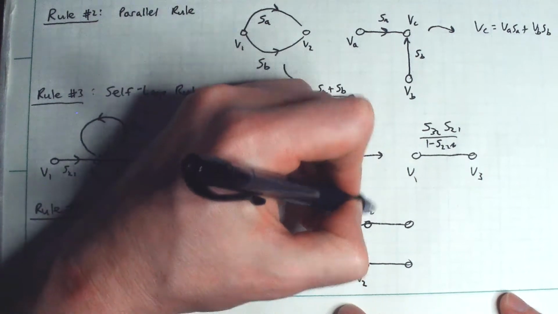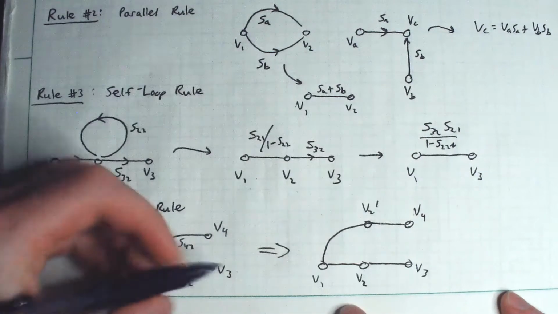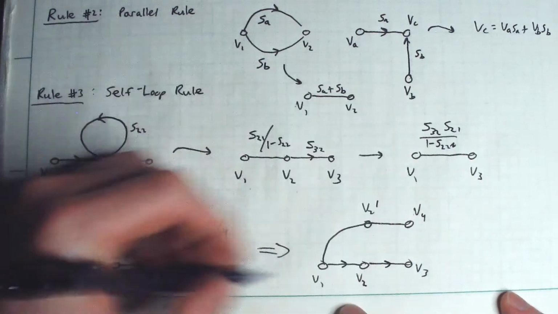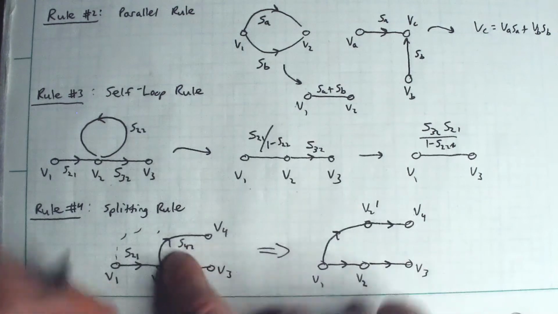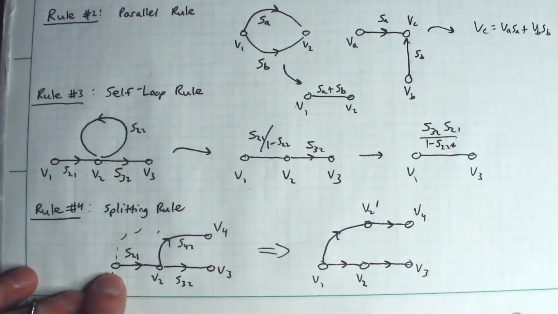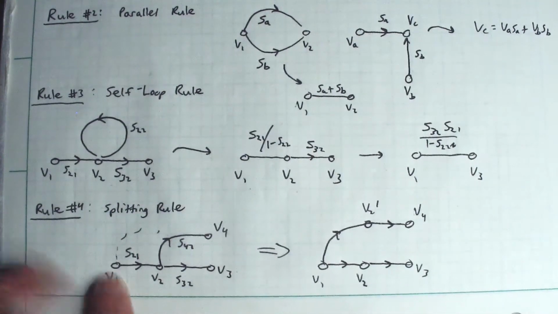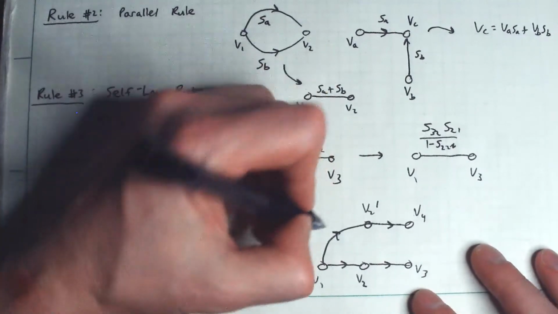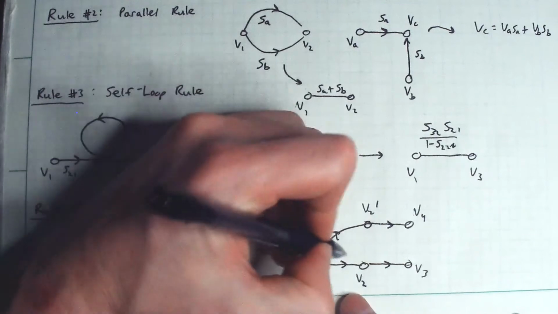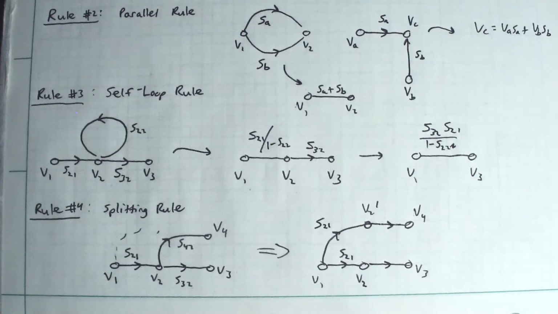This is now V2 prime, V4, and V3. And these come in like so. If I'm branching down here, I can imagine it's coming from this node over here, and the flow of information down this line will be essentially the same. So it's S21 and S21 again.